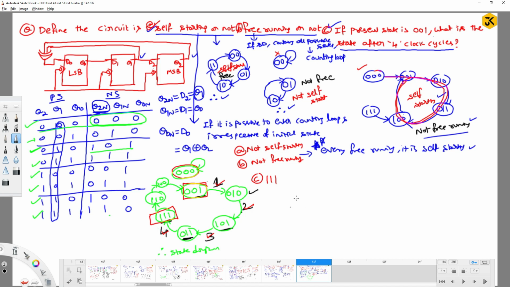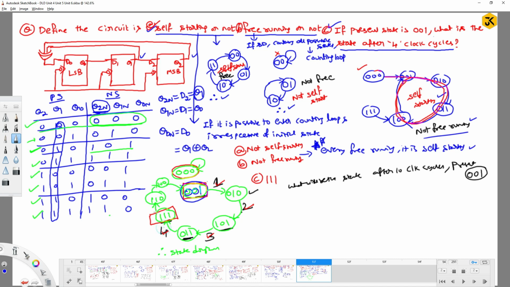Right? So if they ask specifically, what will be the state after 10 clock cycles, if I am present at 001? If I am present at 001, after 10 clock cycles, what will it be?